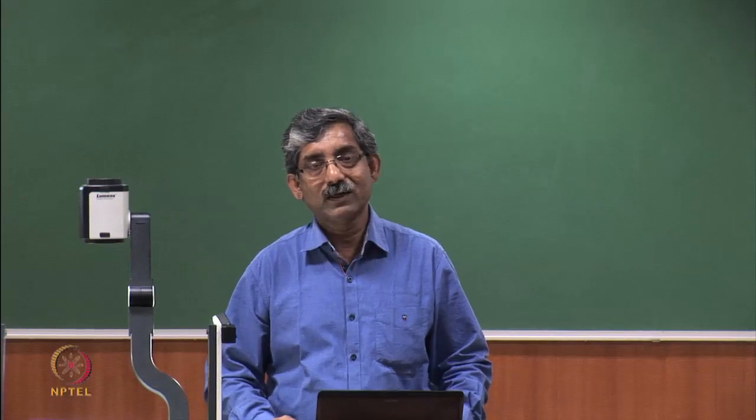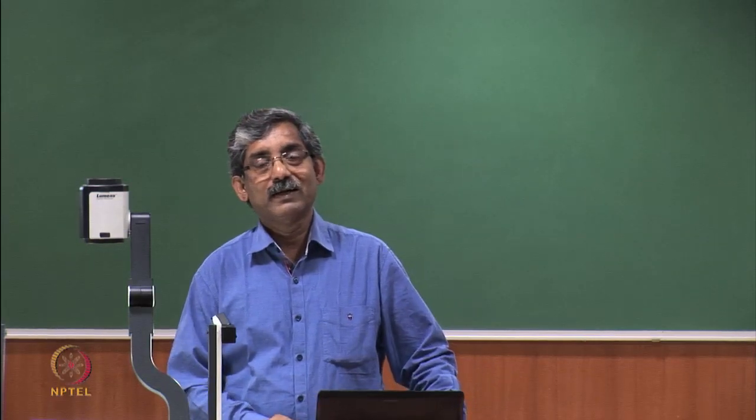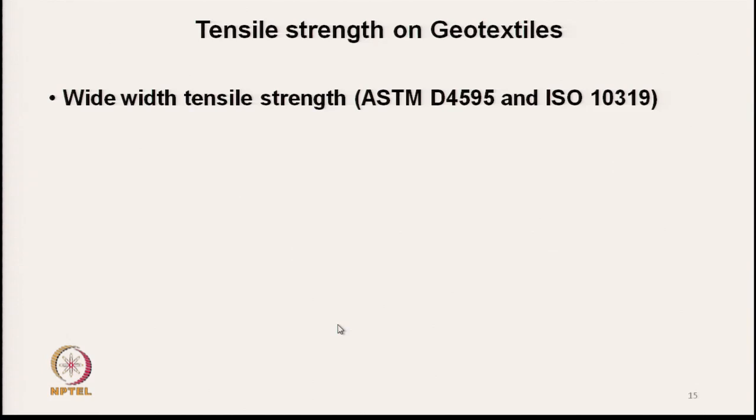First, let us start with the measurement of tensile strength. There are different types of tensile strength. First is wide width tensile strength, as per ASTM D 4595 and ISO 10319.